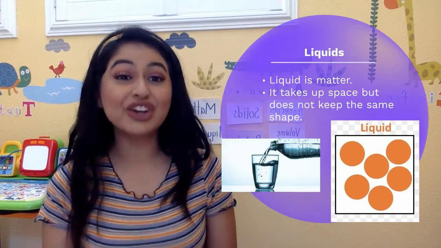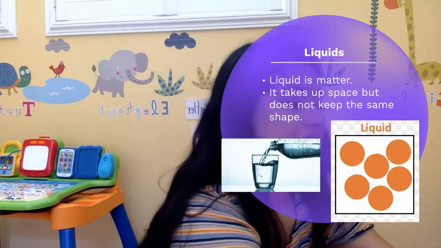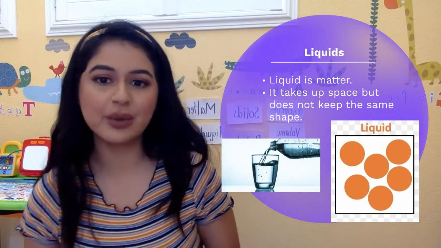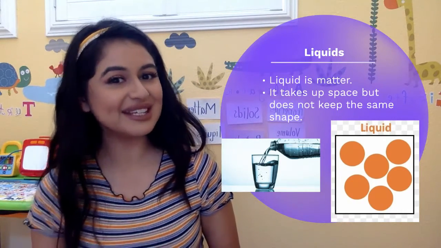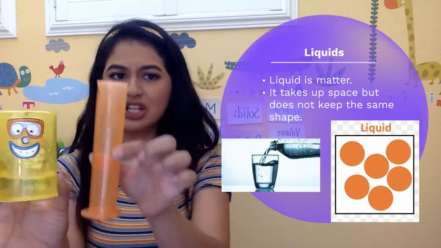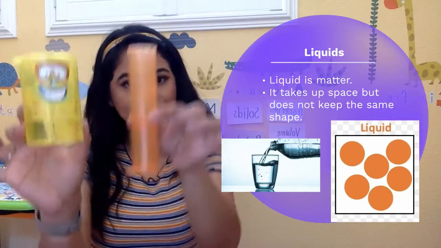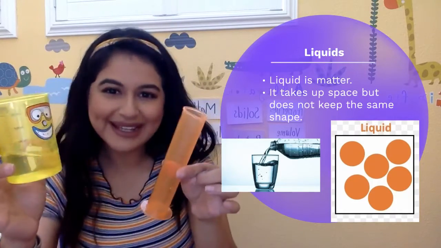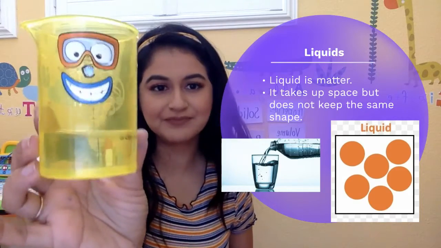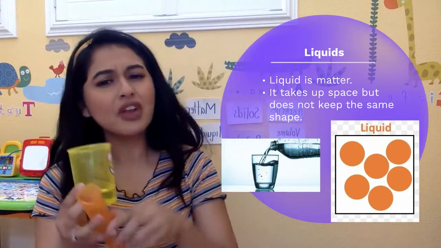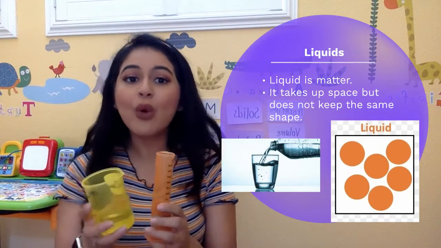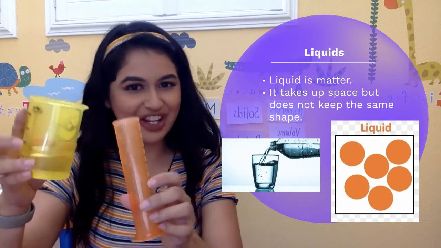Particles in a liquid are close together. Here's an example of a liquid. Look carefully. Do you see that my beakers are different shapes? Yes, right? Look at how much water I have in my yellow beaker. Very minimal. Look at what happens when I pour it into my orange beaker.